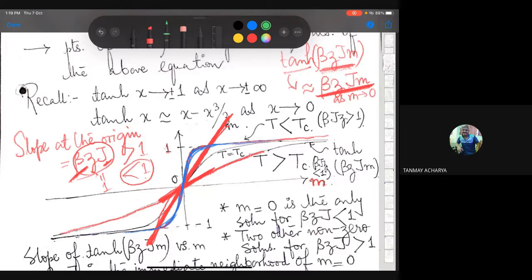Then the curve is going to merge with this straight line here. These are the only three possibilities. So beta Jz equal to 1 corresponds to T equal to Tc curve.